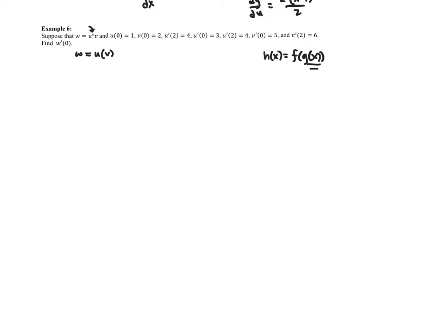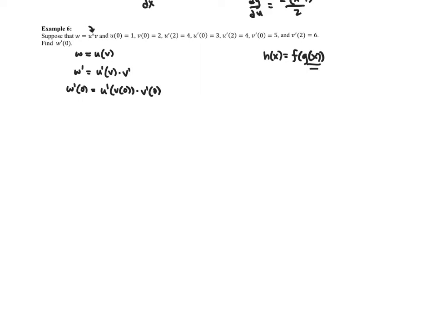But all of this information that's given to me, what I want to do is find W prime of 0. So I'm going to write W prime, and now I'm going to use the chain rule. This will be U prime of V times the derivative of the inner, which is V prime. So W prime of 0 is U prime of V of 0 times V prime of 0.